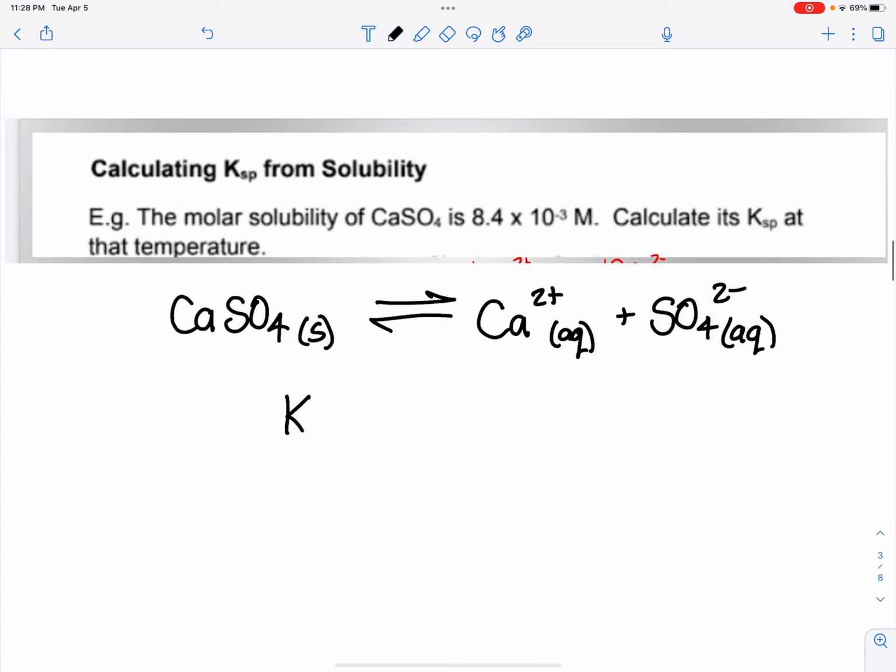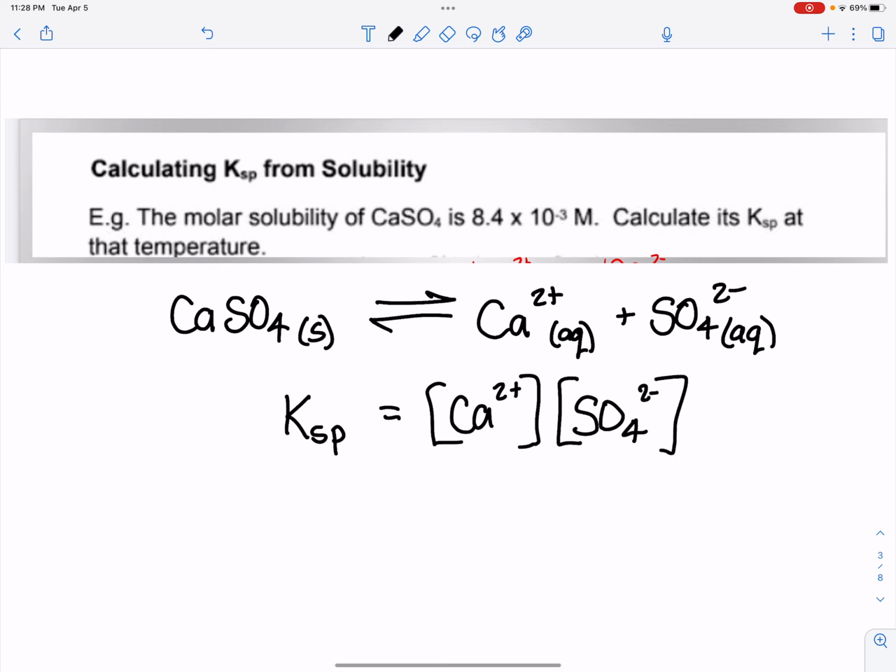So when we write our solubility product constant expression, KSP, we're going to take the calcium ions, and its coefficient is 1, so I'm not going to put any exponent on there. And sulfate, SO4, also has a coefficient of 1, so I'm not going to put any multiplier on there either.